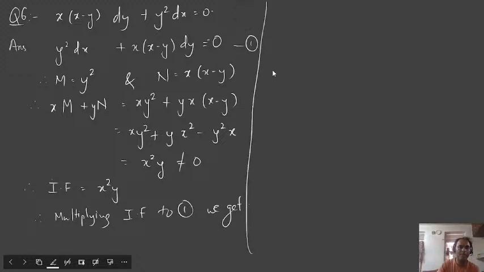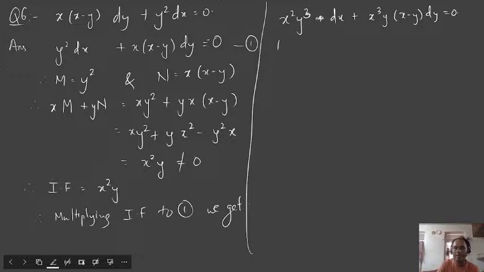Here you get x square y square dx, and x square y cube dx, and then x cube y (x minus y) dy equals 0.